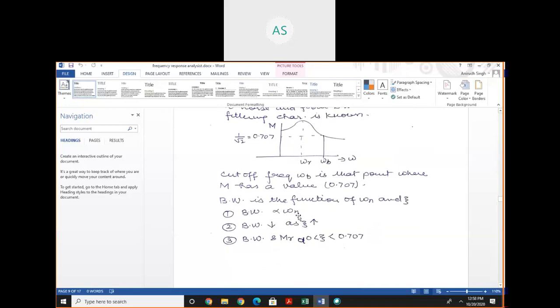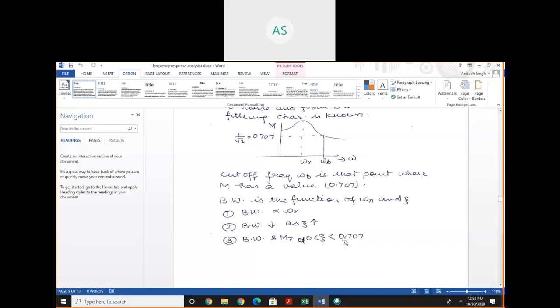This is the frequency response of a system. The cutoff frequency is that point where the magnitude is 0.707, or 1 by under root 2. Bandwidth is a function of omega n and zeta. So bandwidth is proportional to omega n.